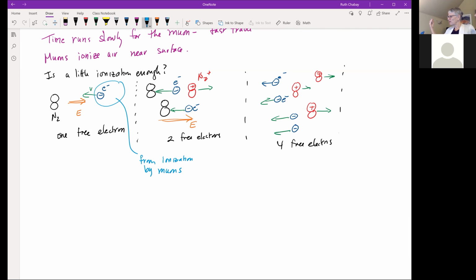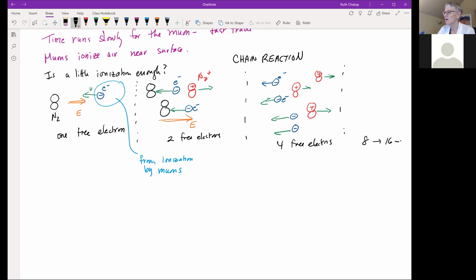All we needed was that one free electron, and we can get a chain reaction. And the next time we're going to have 8, and then we're going to have 16 and whatnot.